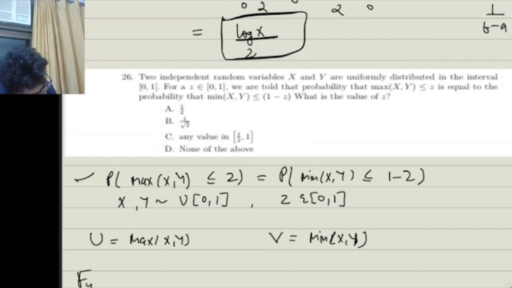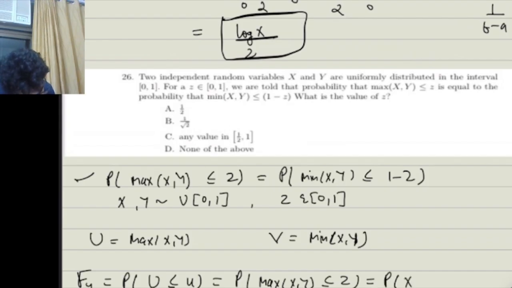So F of u, we need to find the probability of u less than or equal to small u, which gives me the probability of max of x comma y being less than or equal to z, which gives me, because they are independent, the probability of x being less than or equal to z intersection y being less than or equal to z, which gives me the probability of x less than or equal to z and y less than or equal to z.